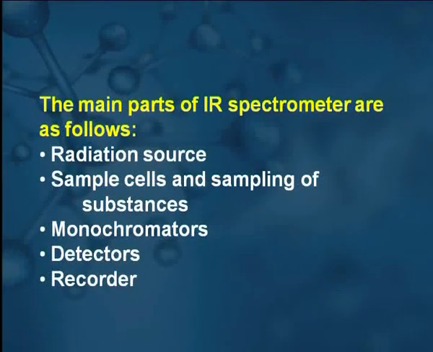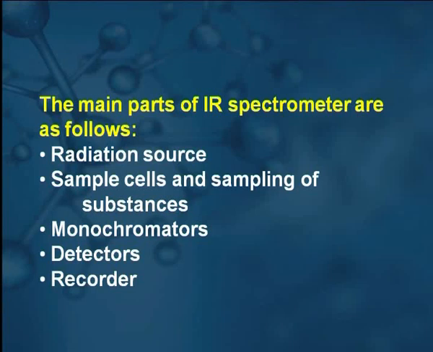This is very important as we are dealing with infrared, so the radiation source must be infrared. Second, the sample cell and the sampling of the substances. What type of sample are we using? Liquid, solid or gas? For this we use the sample holder. So the sample cell is very important, and the sampling of the substance.